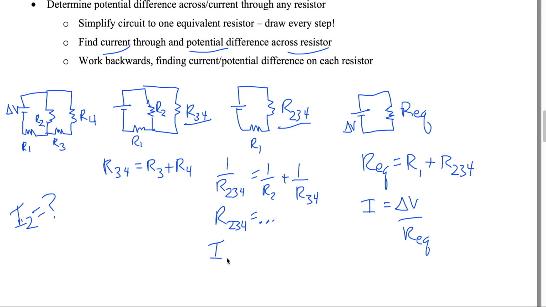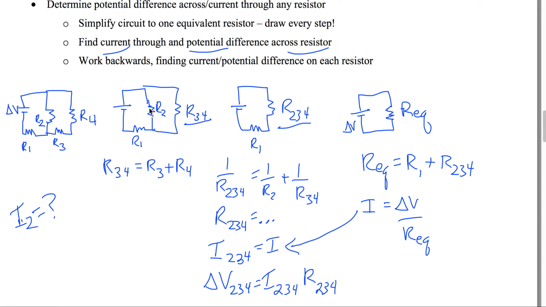So I234, the current through this resistor, is equal to whatever I we found here. We have I and R, so we want to calculate V. The voltage across 234 is the current through 234 times the resistance of 234. So you get a number here because you have I and R. And then you work backwards again.